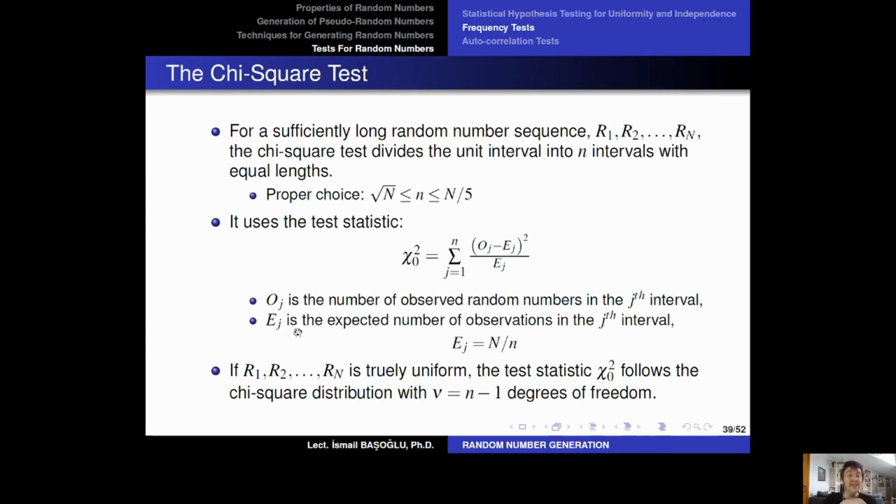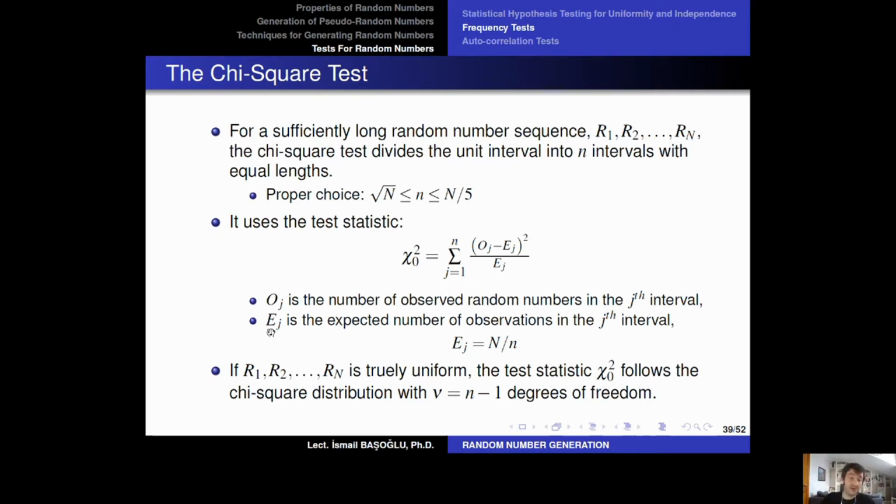And E_j is the expected frequency, the theoretical frequency that you expect, which is easy, capital N divided by n, because we have a theoretical uniform distribution, right? So capital N divided by n. If you have 50 observations and 10 subintervals, then you expect to observe 5 of them in each subinterval, right? So this is the expected observation.